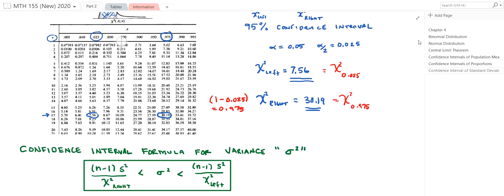So then it's just a matter of picking out the numbers in the problem and placing them correctly in your relationship. Here I'm just going to write some stuff so you can see: s squared is your variance for your sample, so your sample variance.